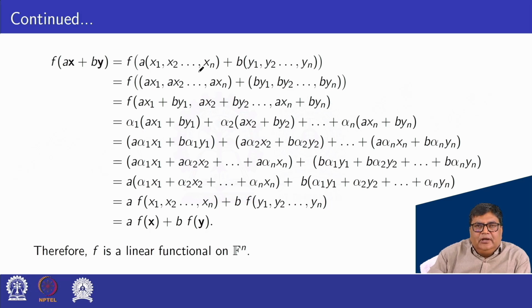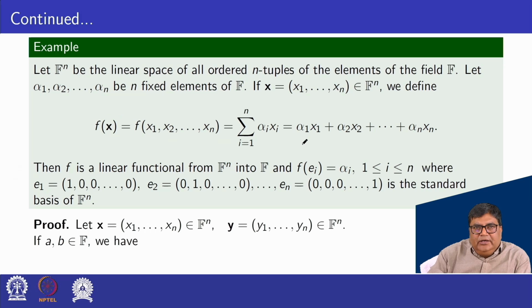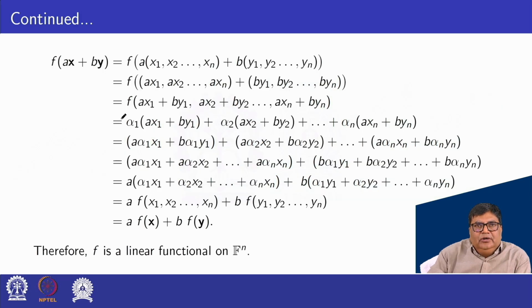here this is the sum of two n-tuples. So it can be written as f of (ax1 plus by1, ax2 plus by2 and so on axn plus byn). So as per the definition, we have the n-tuple (ax1 plus by1, ax2 plus by2 and so on axn plus byn).